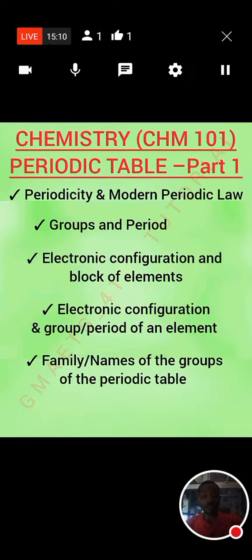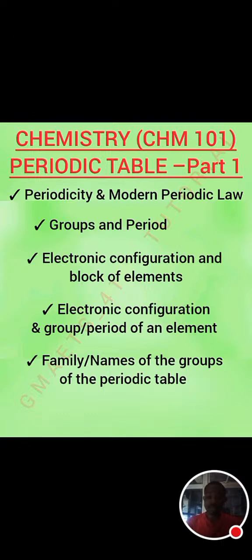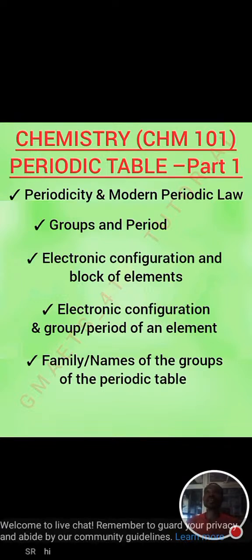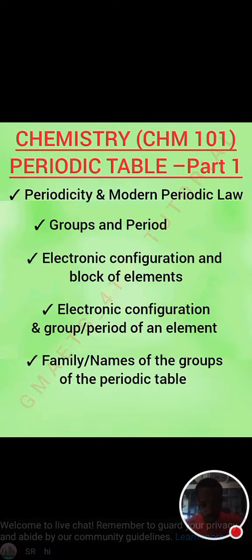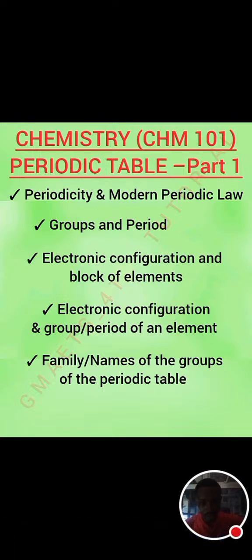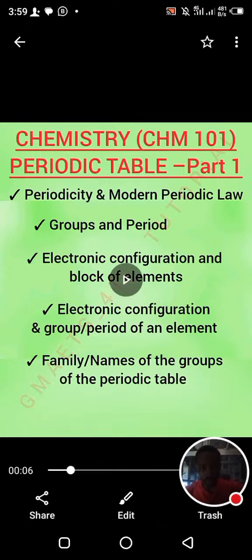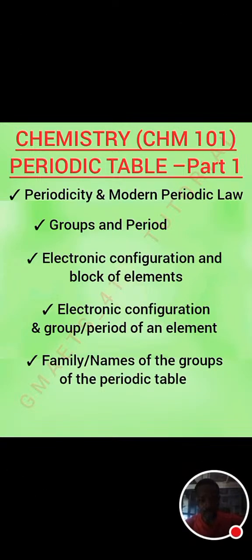If I give you a particular element, say maybe calcium, how would you know the block that calcium belongs to? If I give you something like aluminium, how would you know the class that it belongs to? So we're going to find out how to identify that.